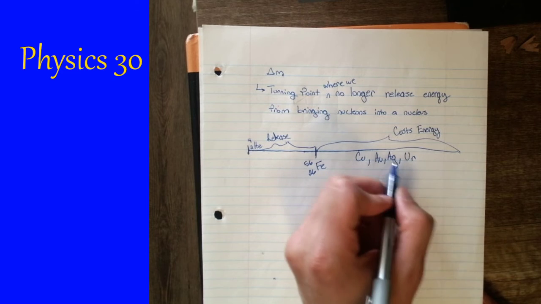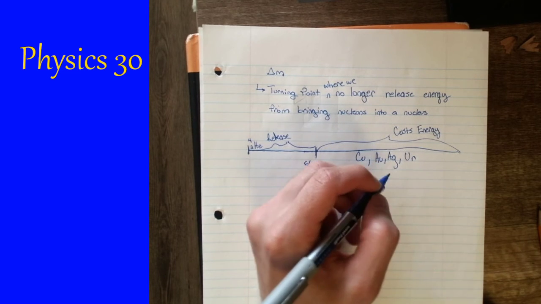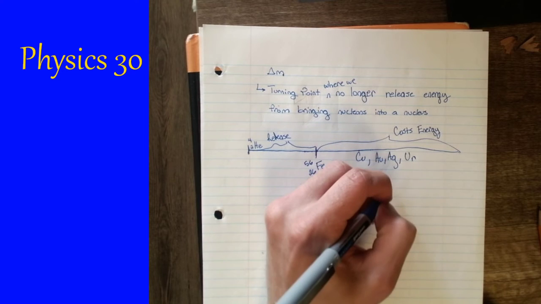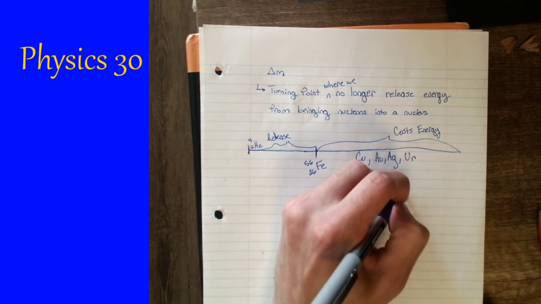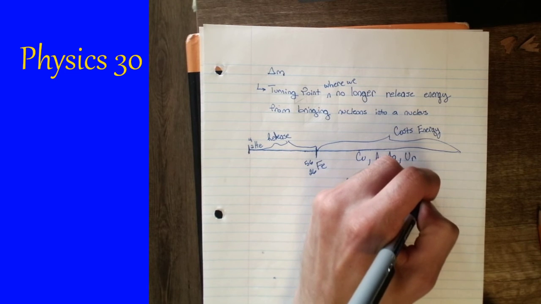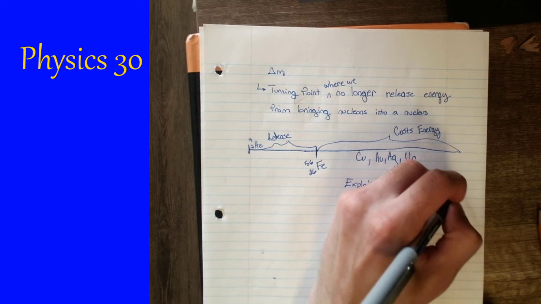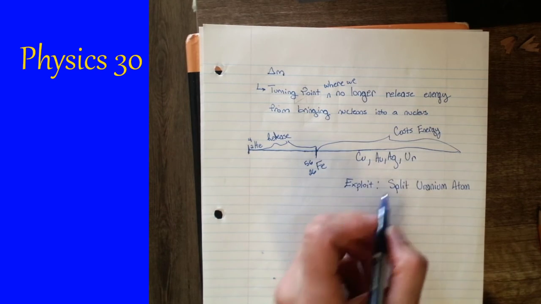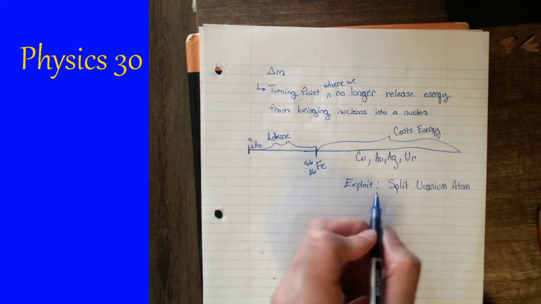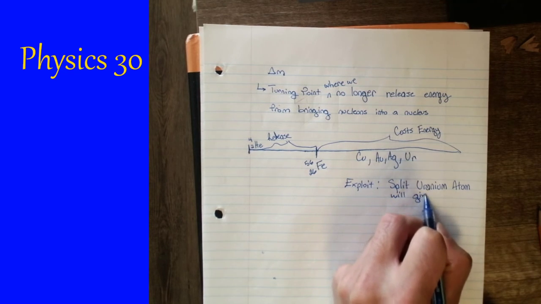So if we break apart one of these things, it might actually give us energy. So the energy that goes into putting it together, something like a uranium atom, if we split that uranium atom, we'll get the energy that went into it to put it together in the first place. So the split uranium atom will give energy.